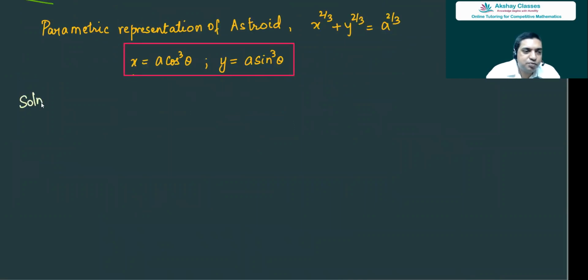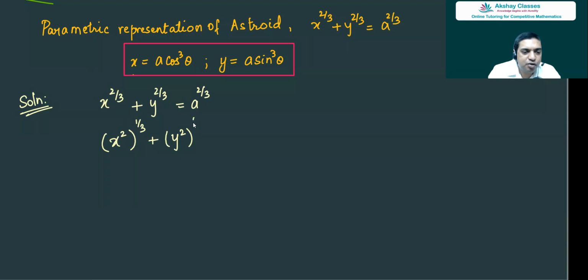So now let us move to the solution. x to the power 2 by 3 plus y to the power 2 by 3 is equal to a to the power 2 by 3. When you see this, the very first thing is this is cube root of x square plus cube root of y square is equal to a to the power 2 by 3.